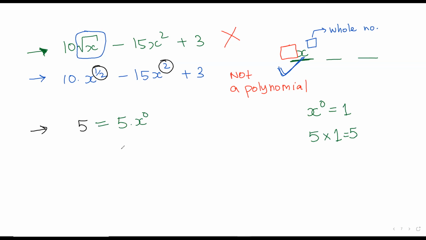Yes, ma'am. So now do you think it is a polynomial? Yes, ma'am. So it is a polynomial. What type of polynomial? Ma'am, monomial. Yes, that's right. It is a monomial, because this is a multiplication sign, not a plus. All right.